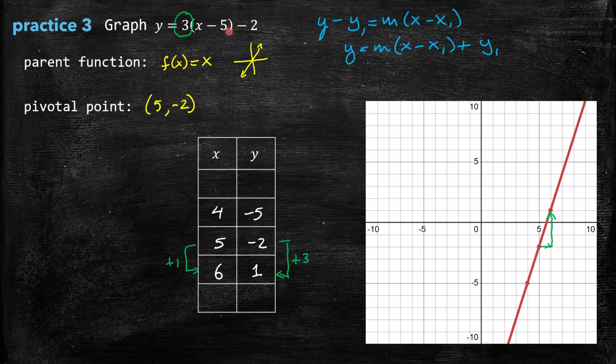So x1 is 5 and y1 is -2. So x1, y1 is the special point. In this case, 5, comma, -2 when you do point slope form. When you write point slope form, you need to know a point that it goes through. So the line goes through 5, -2, and then you just need to know the slope, which is over 1, up 3.